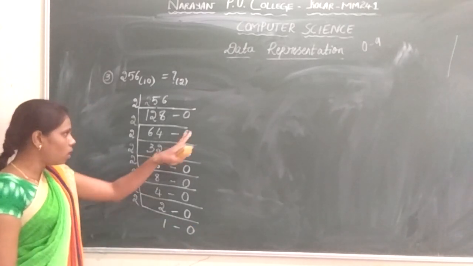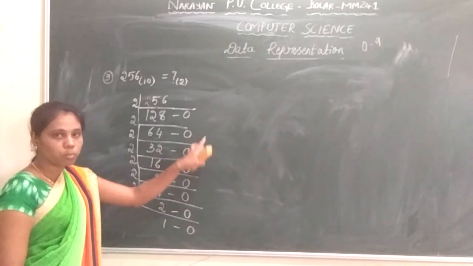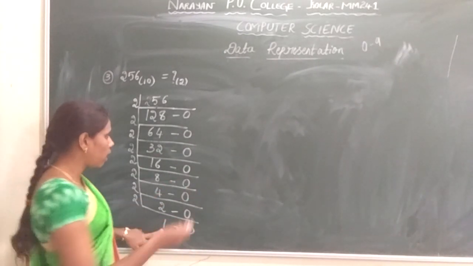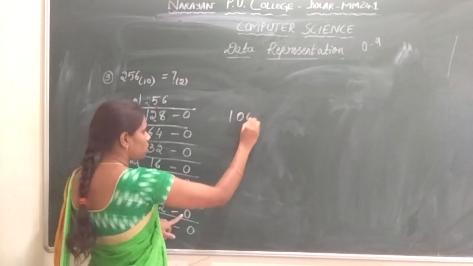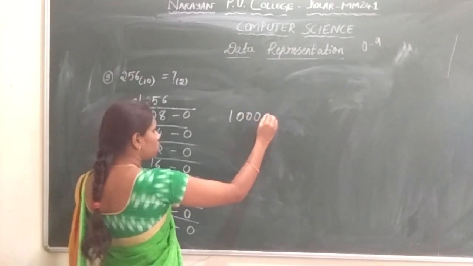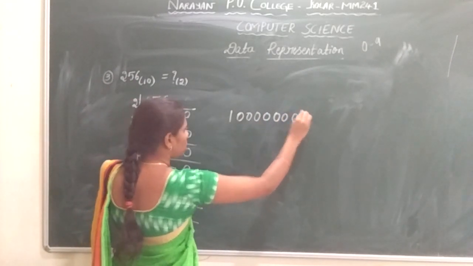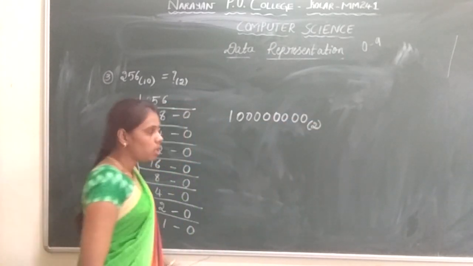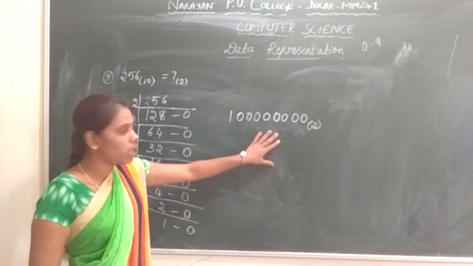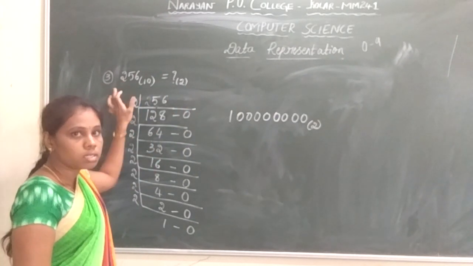Now we have the remainders, and now write down the values from bottom to top. Now I will write 1 0 0 0 0 0 0 0 0 and I will mention the base as 2. Now this is the binary equivalent value for the given decimal number, that is 256.